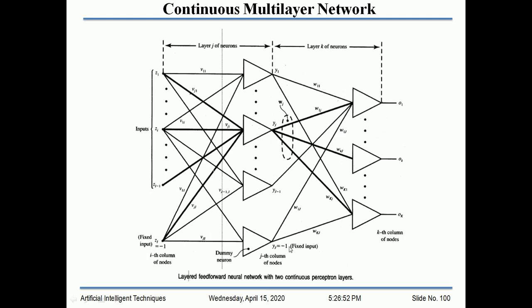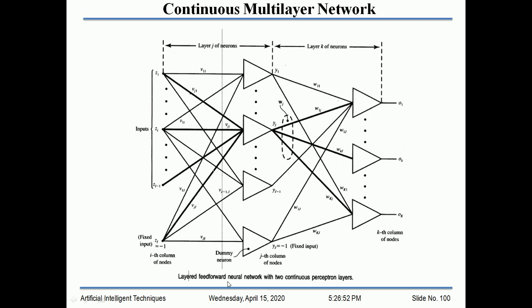Now I indicate all the interconnection weights between the hidden layer and the output layer by W: W11, W12, W13 and so on up to WKJ, where K indicates the kth neuron in the output layer and J the jth neuron in the hidden layer. And the outputs are indicated by O1, O2, O3 and so on up to OK.